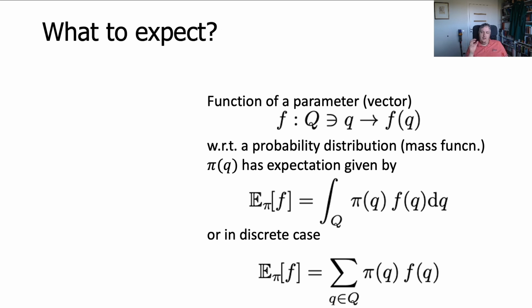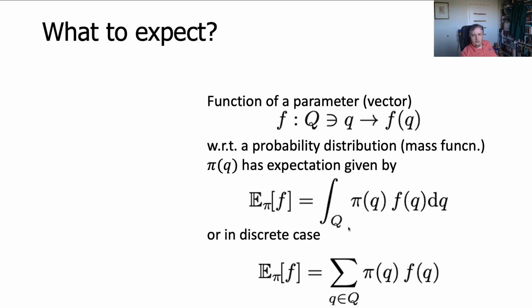In the case of continuous variables, it is an integral over values of parameter q of the product of the function of parameter q and the probability density function.